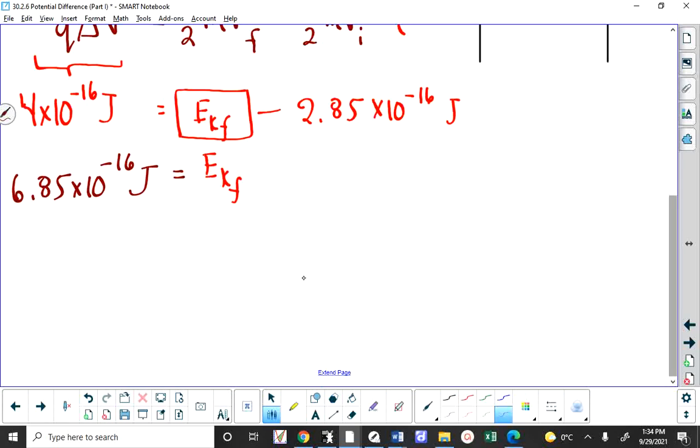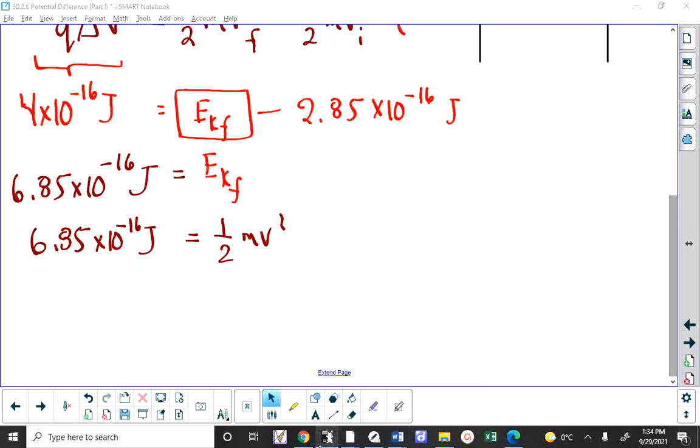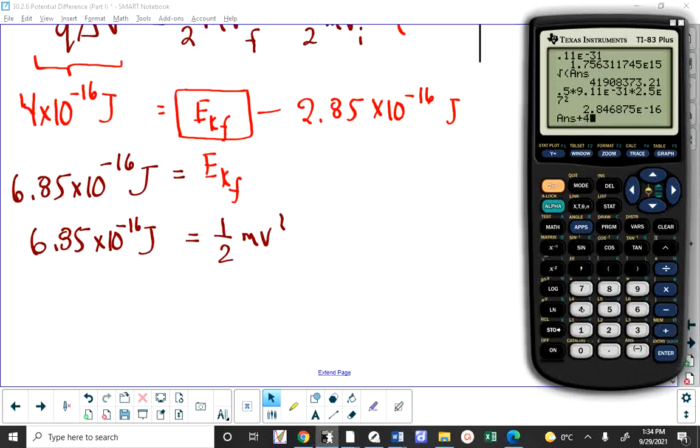Okay, so how do you find the speed? You multiply this by 2, divide by the mass, and take the square root, because this is equal to 1/2 mv squared, right? So there's the second of many dozens of times we're going to do this calculation. If you know the energy and you want the speed, double the energy, divide by the mass, take the square root. So I have to double that energy.